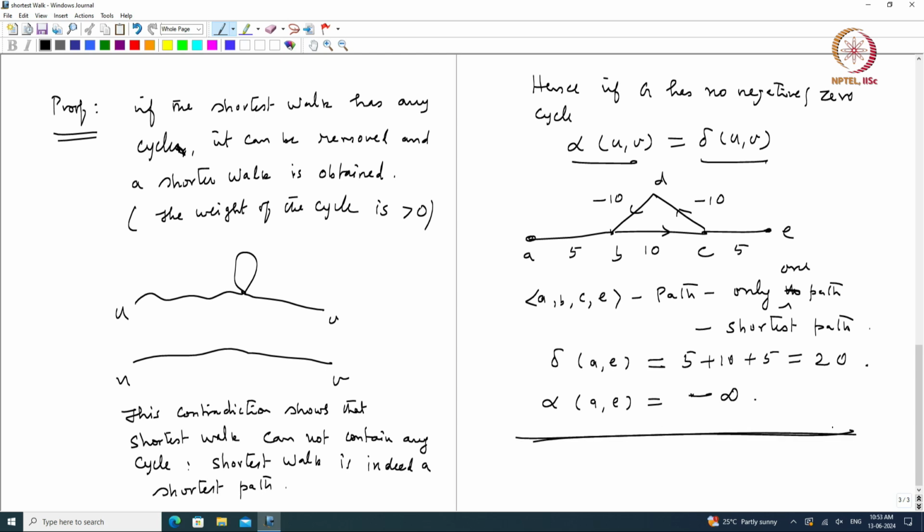They are different. Alpha UV equals delta UV only if G has no negative cycle. If G has a negative cycle, this example shows that while delta is well defined, alpha could become minus infinity. Okay.